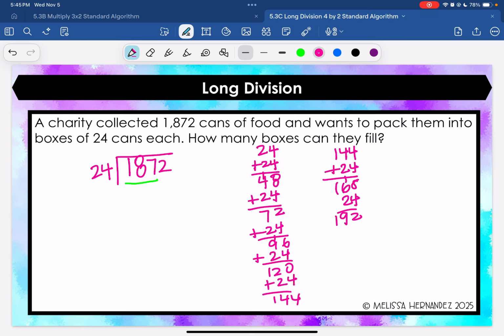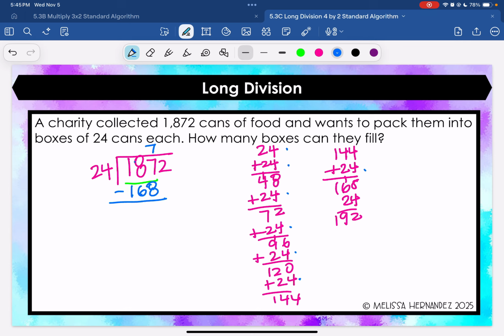Okay, I went over. So what we're going to do is go back and see 1, 2, 3, 4, 5, 6, 7. It took 7 before I went over. So I don't need the last one, but I'm not going to erase it. I'm just going to leave it there. 7 groups of 24 is 168.